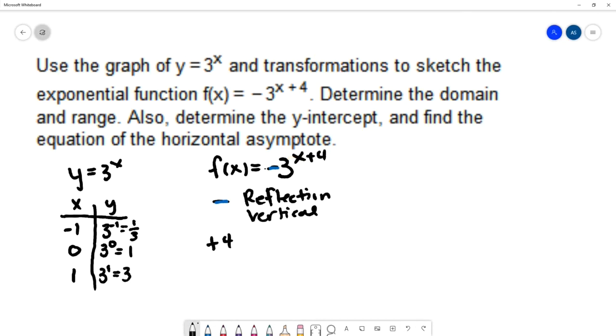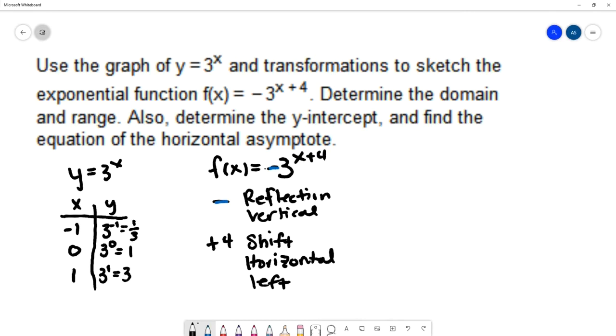Now the plus 4 is going to be a shift. Adding and subtracting is always a shift. When we add inside the base function, it's going to be a horizontal shift. The horizontal shift will shift either left or right, and because it's a plus, it's going to shift to the left.